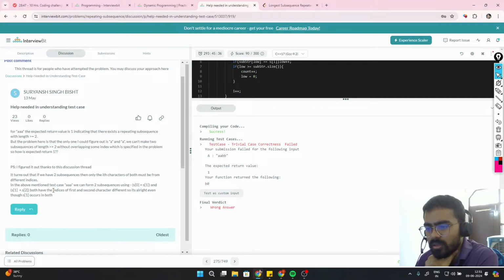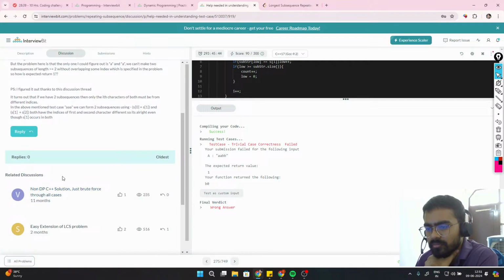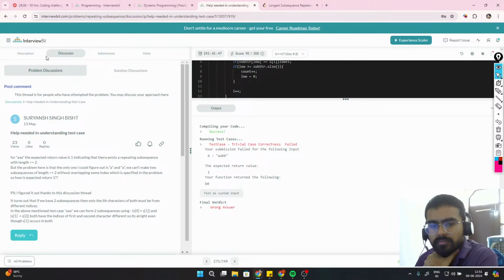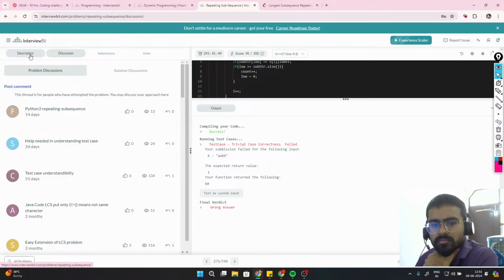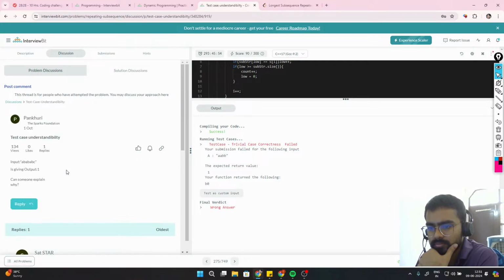So it's alright even though s of 1 occurs in both. AB and AB.